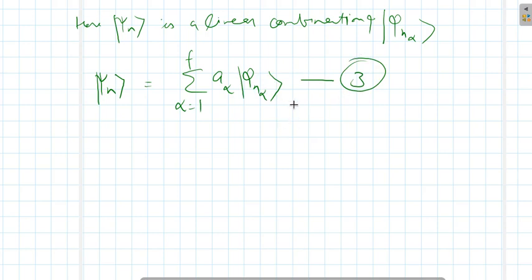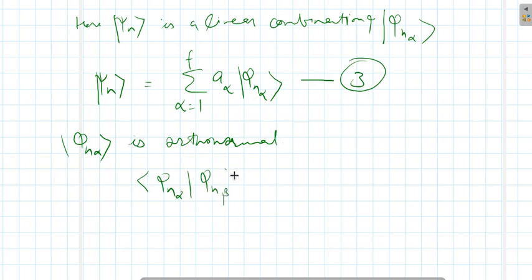Also the wave functions must be orthonormal, so phi n alpha is orthonormal, meaning the scalar product of phi n alpha with phi n beta must be equal to delta alpha beta.